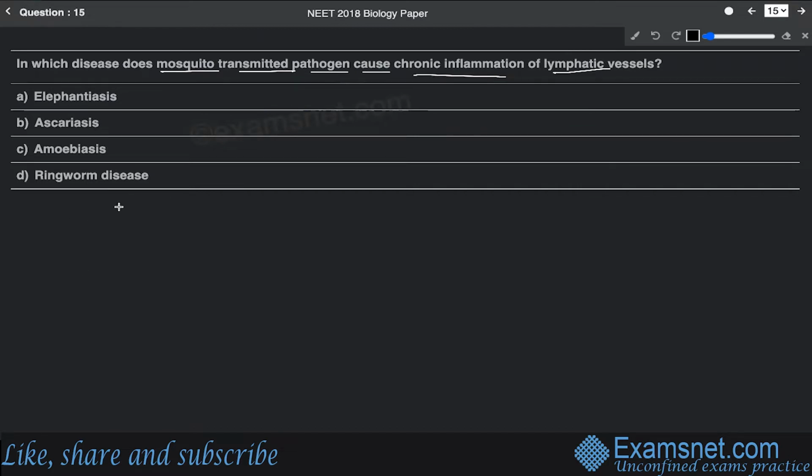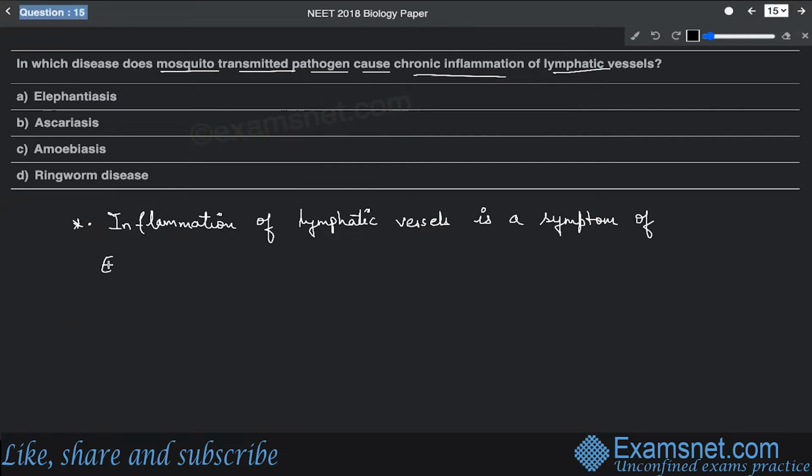So basically, inflammation of lymphatic vessel is a symptom of elephantiasis, which is also known as filariasis.